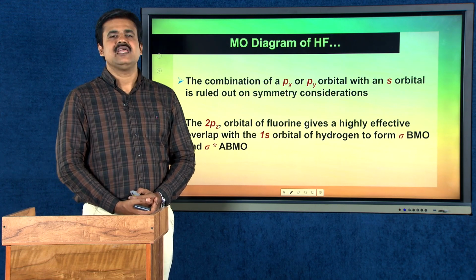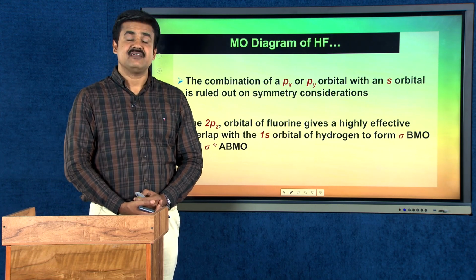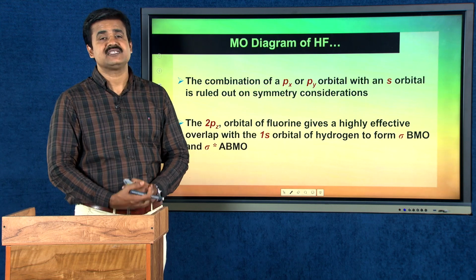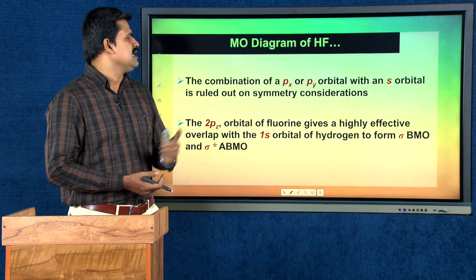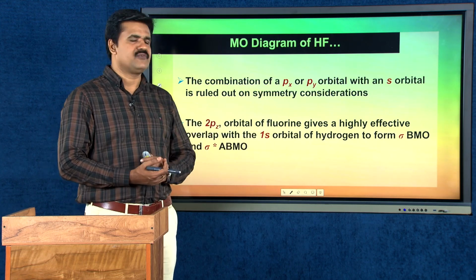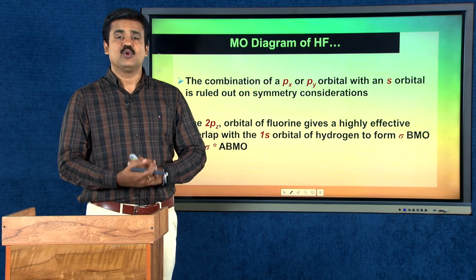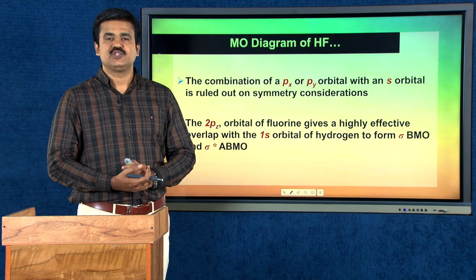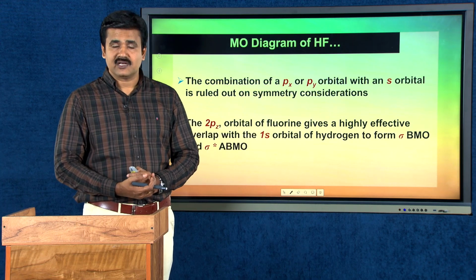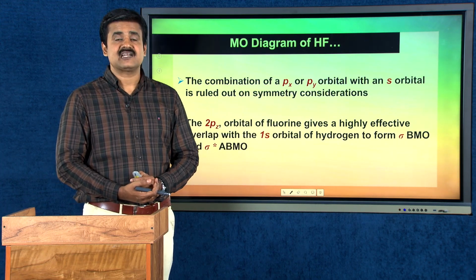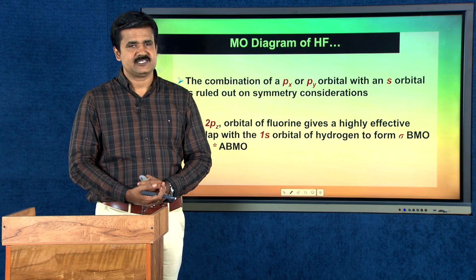That means a pz orbital can form effective overlap with the s orbital of hydrogen. Thus, the 2pz orbital of fluorine gives a highly effective overlap with the 1s orbital of the hydrogen atom to form a sigma bonding molecular orbital and a sigma star antibonding molecular orbital.